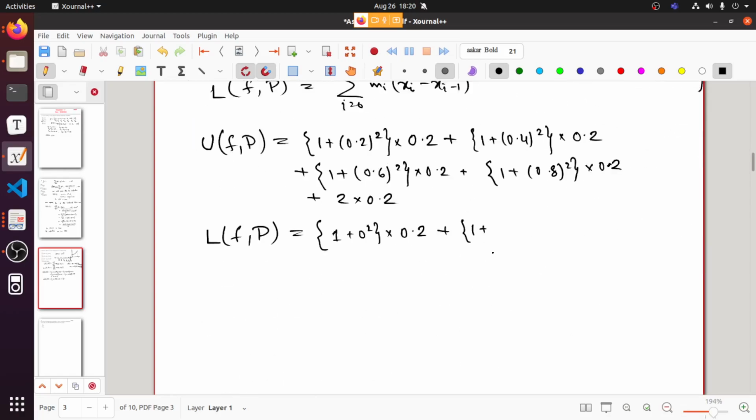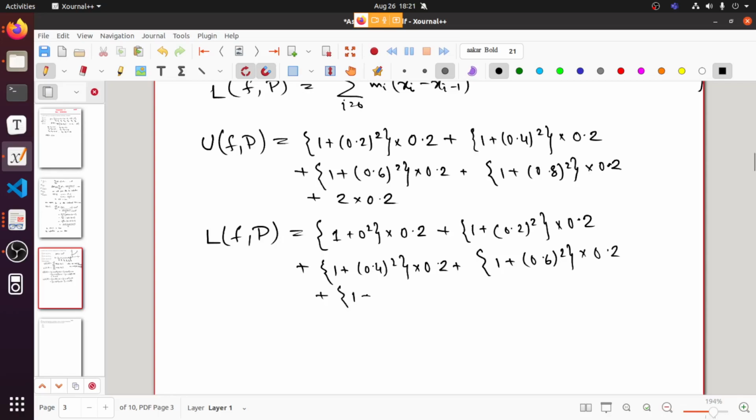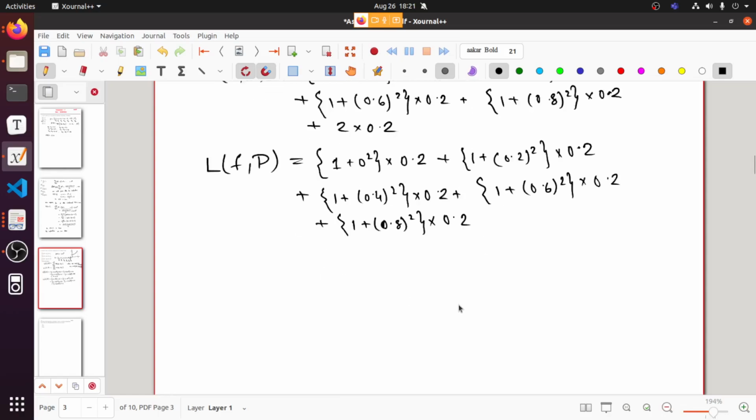As the function is 1 plus x square, it will be 1 plus 0.2 whole square into 0.2, plus 1 plus 0.4 whole square into 0.2, plus 1 plus 0.6 whole square into 0.2, plus 1 plus 0.8 whole square into 0.2. Okay, now you have to find the difference between UFP and LFP.